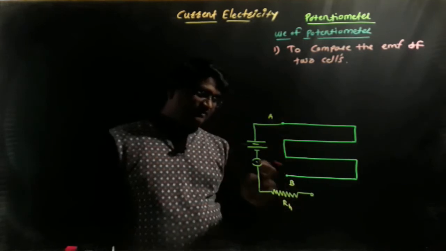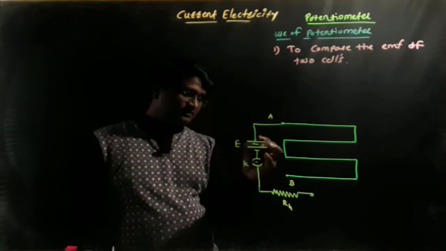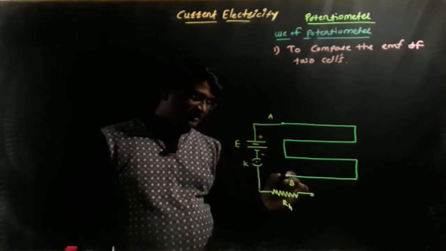So between the wire AB, the cell of EMF E, the key and rheostat are connected in series.